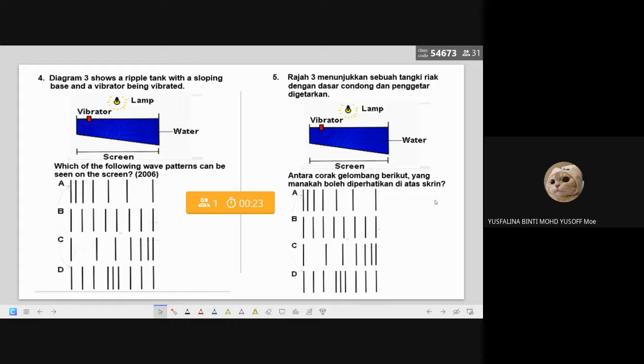How is the wavelength? Okay. I give you 20 seconds more.